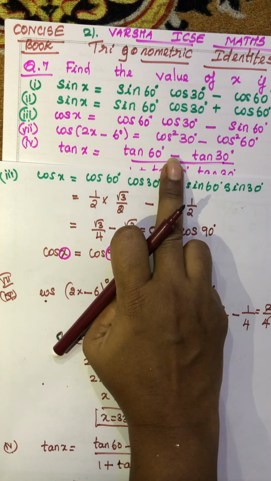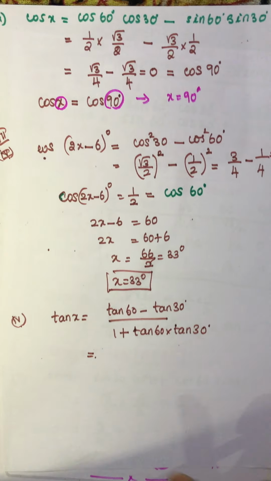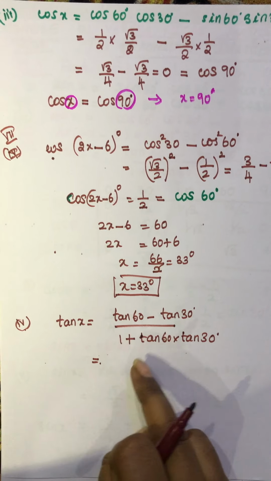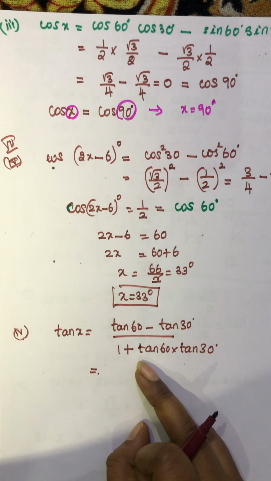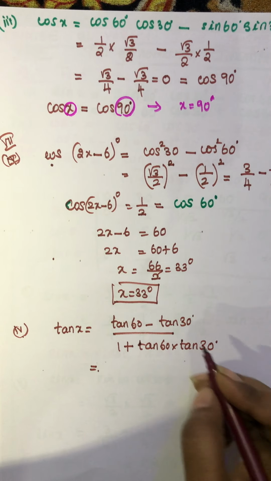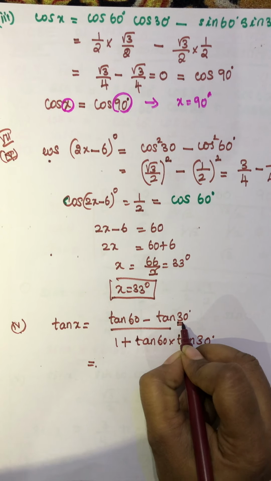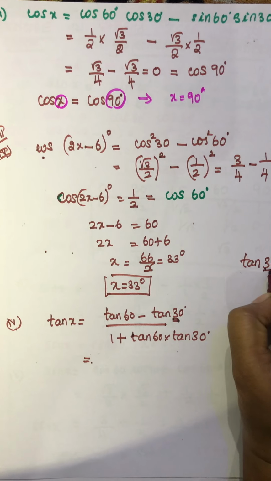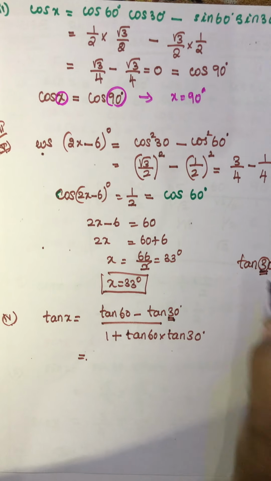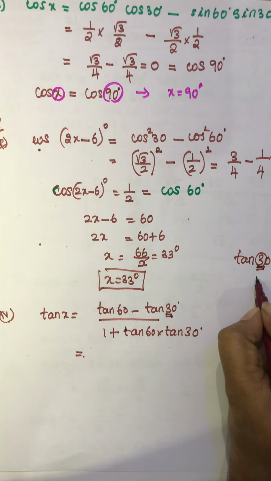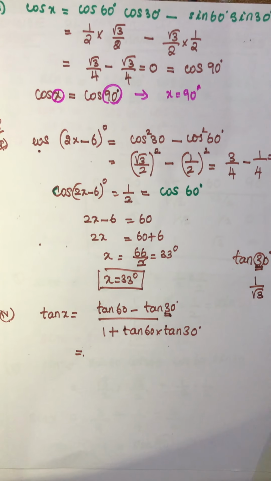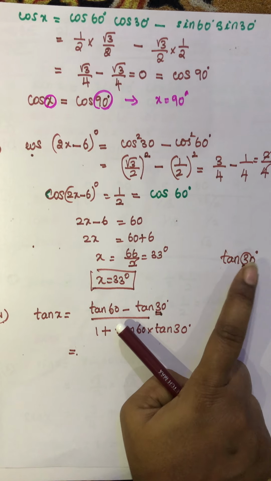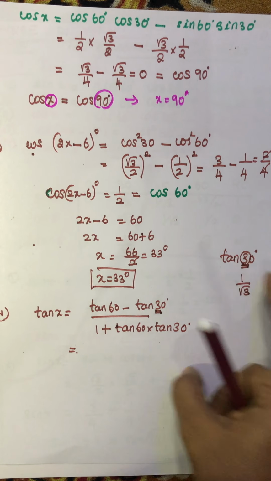Okay, tan 60 minus tan 30. See, whenever it is tan 60 and tan 30, we get confused about writing root 3 in the numerator or the denominator. So how will you remember that? When it is 30 degree, root 3 comes as the denominator.